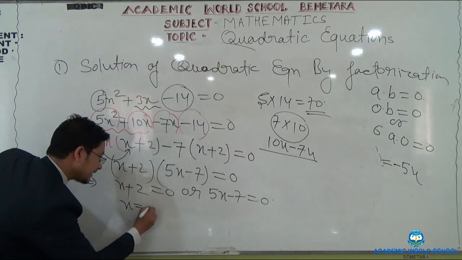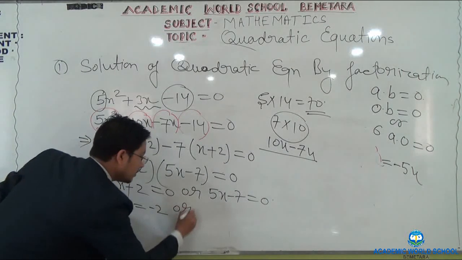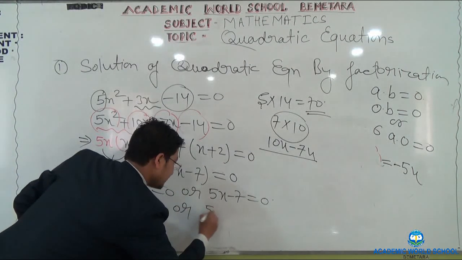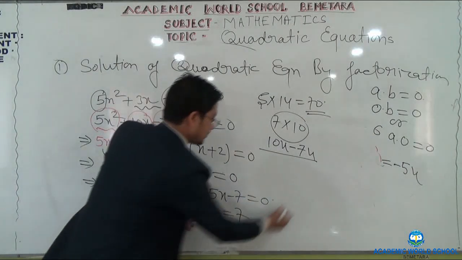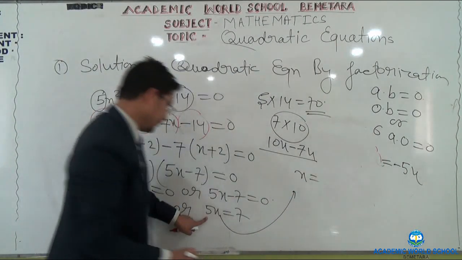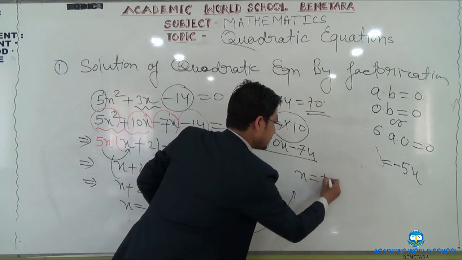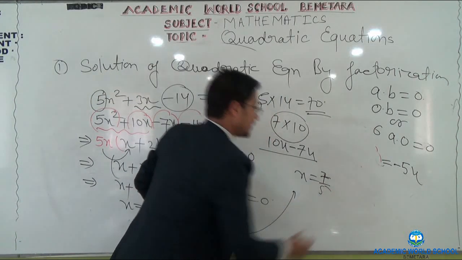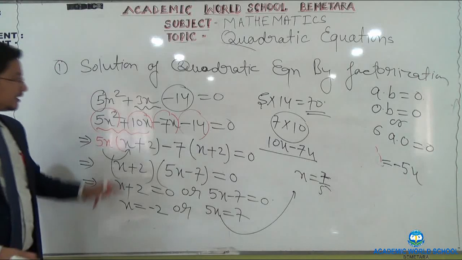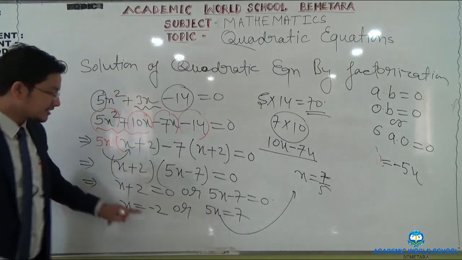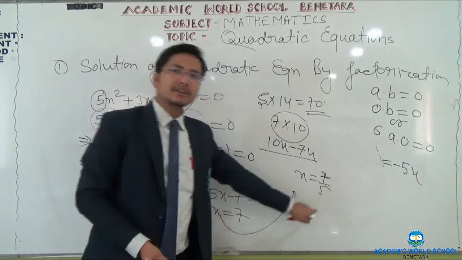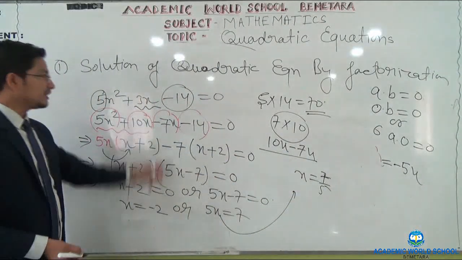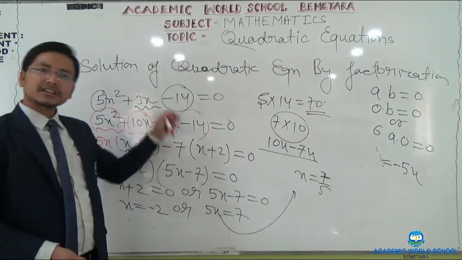So I will be getting x is equal to minus 2, or 5x is equal to 7, that is x is equal to 7 upon 5. It means for this particular equation, x is equal to minus 2 or x is equal to 7 upon 5 are the roots of this quadratic equation.